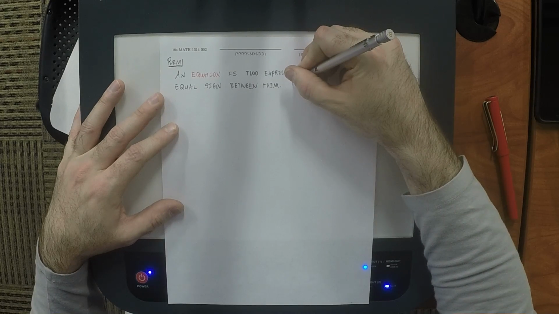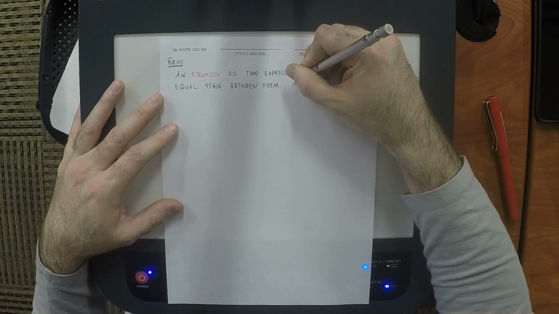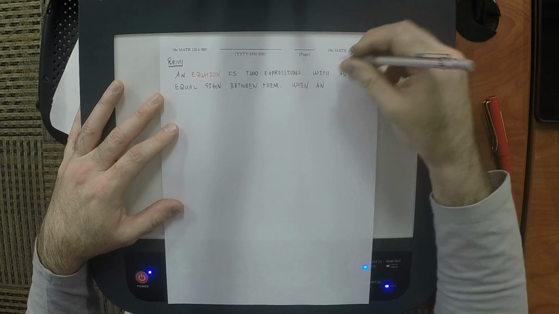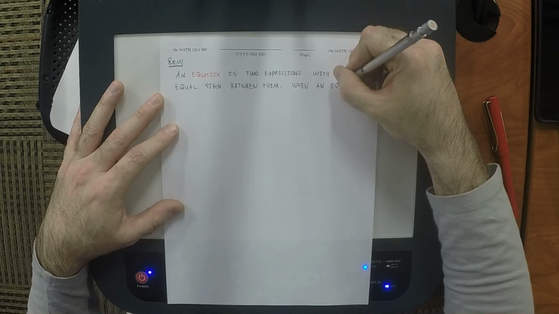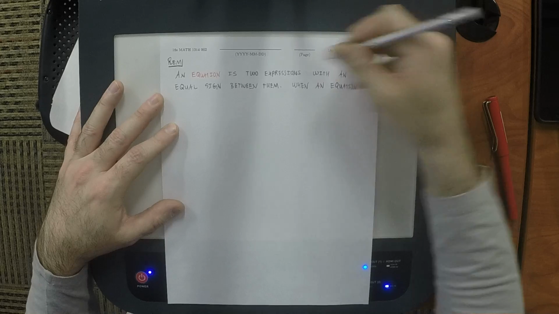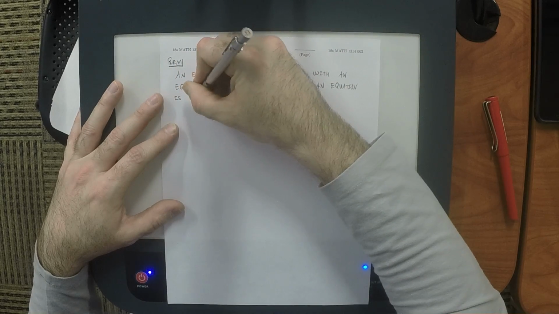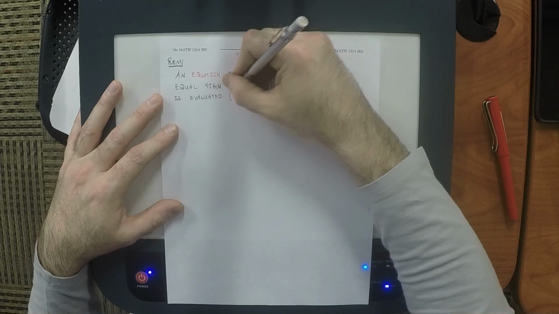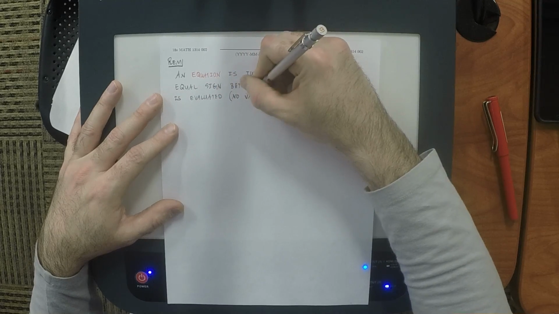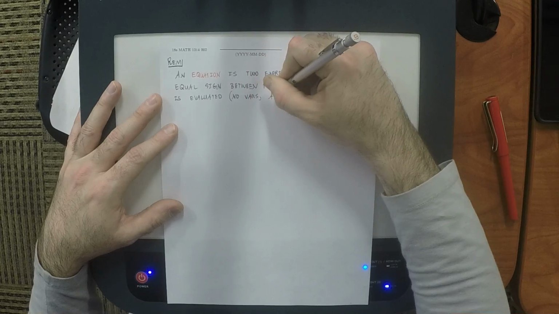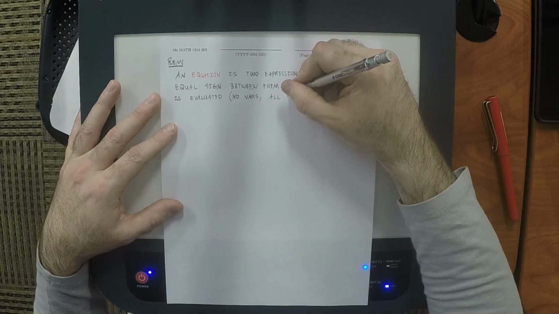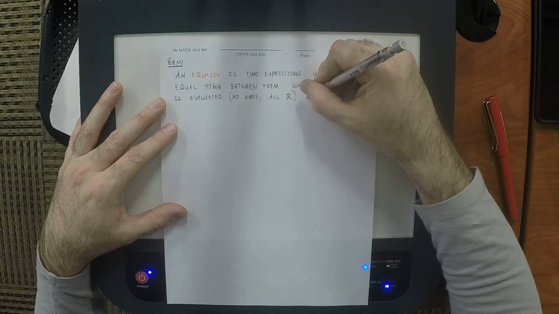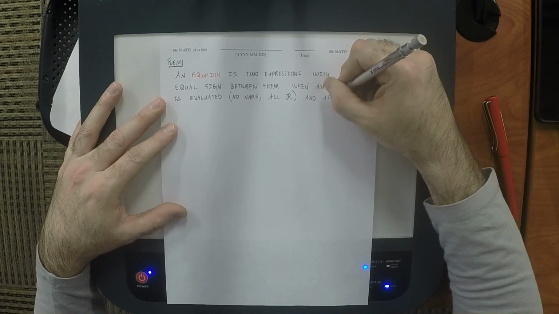So when an equation is evaluated, which is to say that there are no variables, it's all full of numbers, and all expressions are defined.